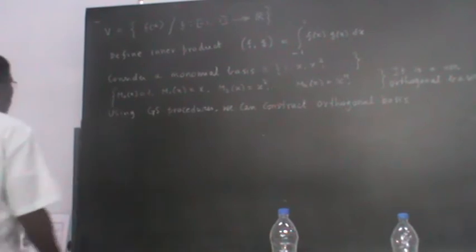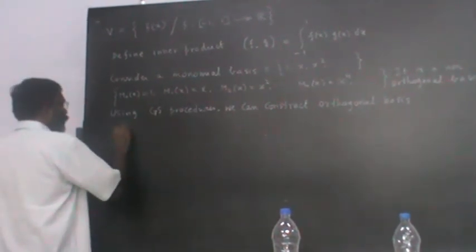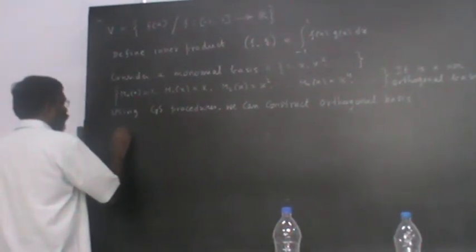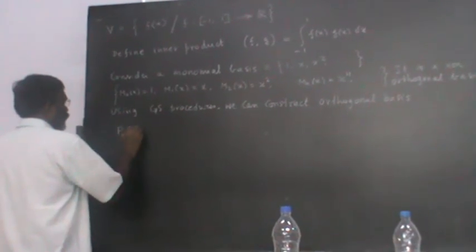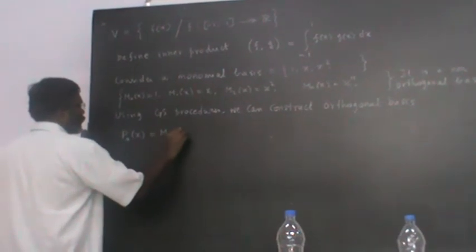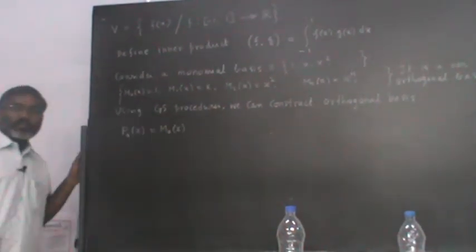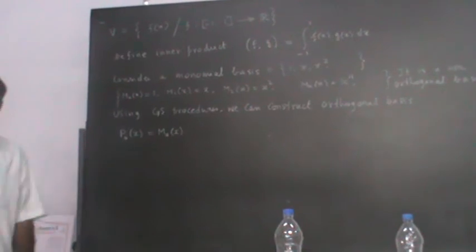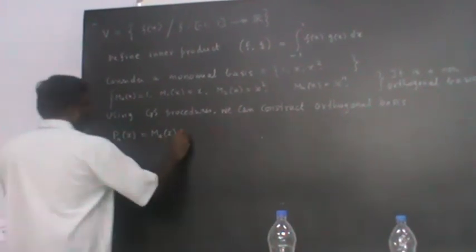So how do we do that? Let me call the first such element P0 of x, the same as M0 of x. That is how we started, right? The first element is the same as the first element of that, which is basically 1.